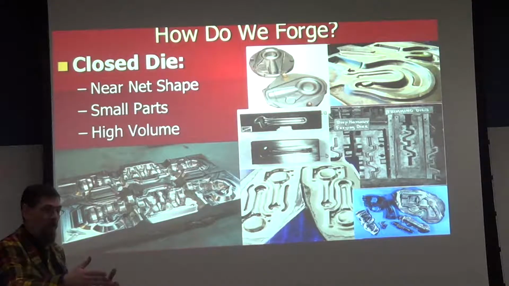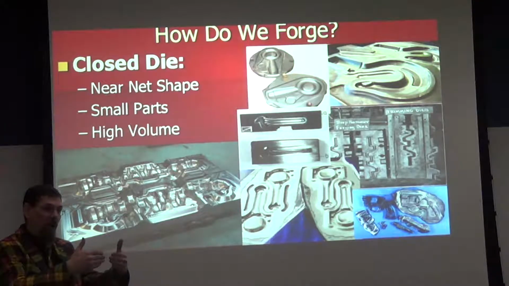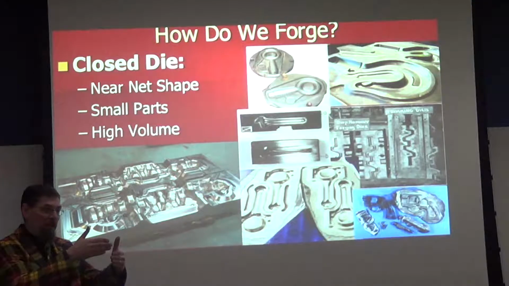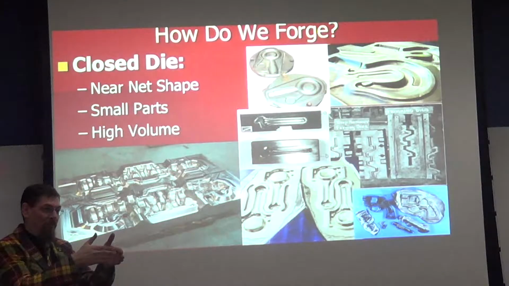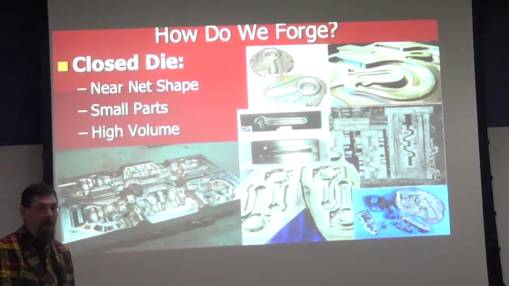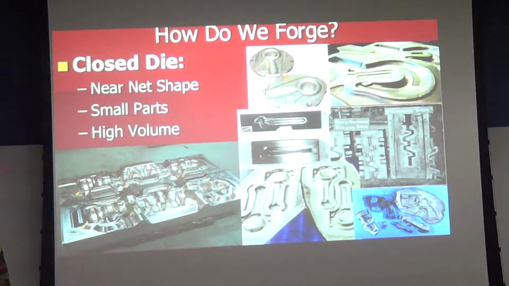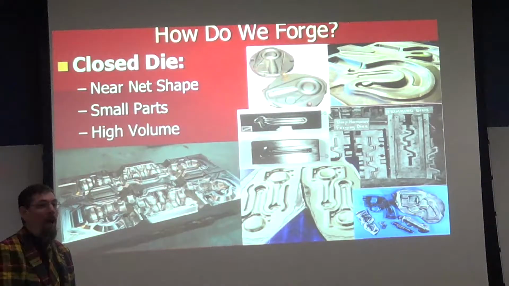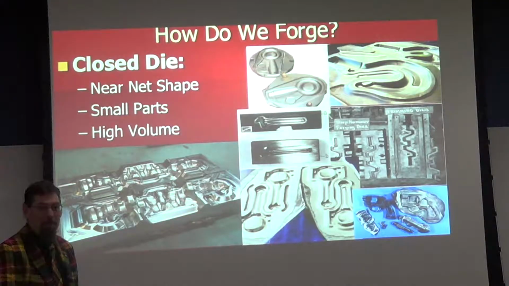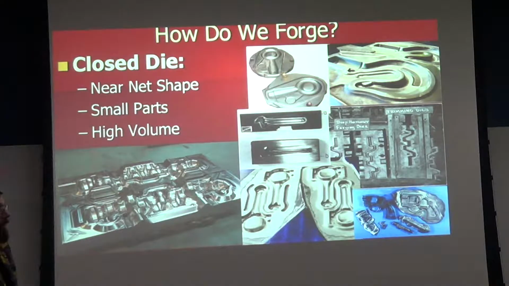So you use up one bar, you've got the next bar coming through. The two bars are butted together, and you could actually have half of one and half of the other in the same slug that gets made into a component, but it's not really a good component, so you have to have a way to pull that one out of the line. They move so fast. Any other questions?